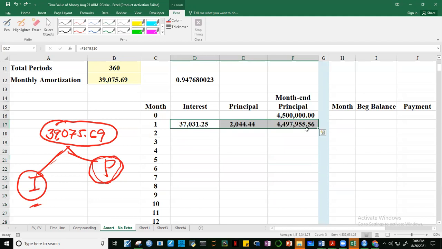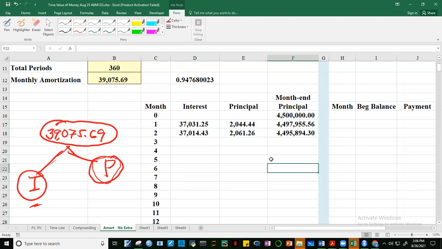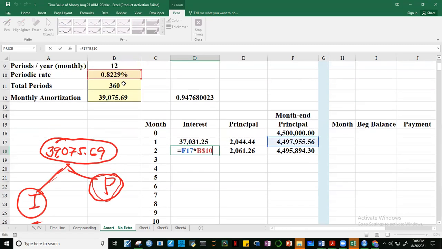So ito sa month 1, pag kinopy ko to sa month 2, okay, let's take a look at this. So notice guys, what happens to your interest payments? Your interest payments get smaller and smaller while your principal payments get bigger and bigger. Bakit ganon? Kasi nababawasan na yung principal natin, yung balance ng principal. So pag nabawasan yung principal natin, the computation of the interest payment is equal to the ending principal times the monthly rate, no?